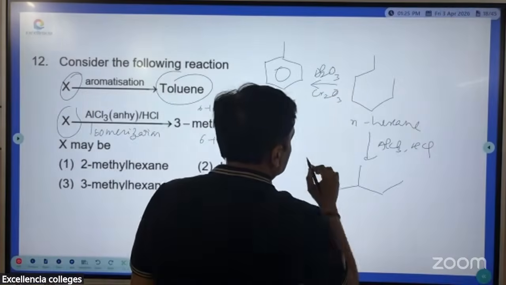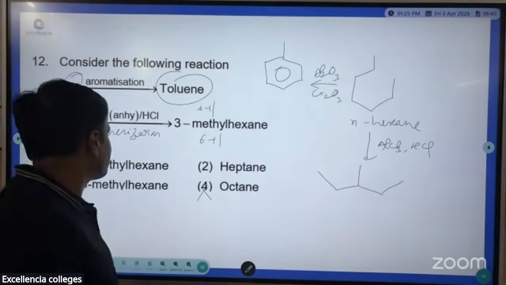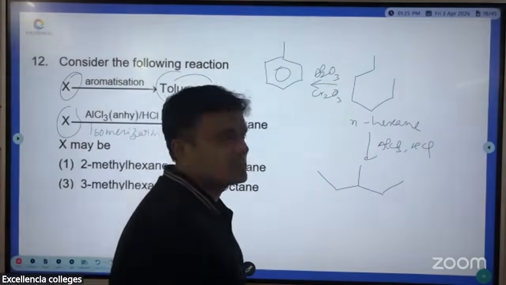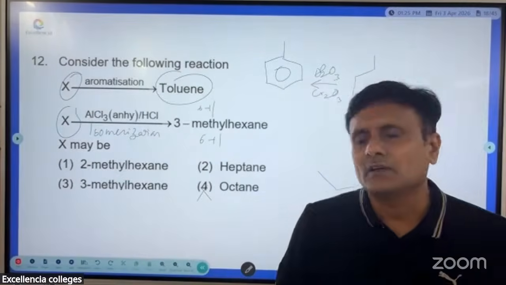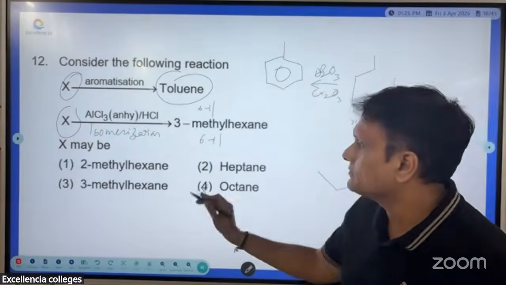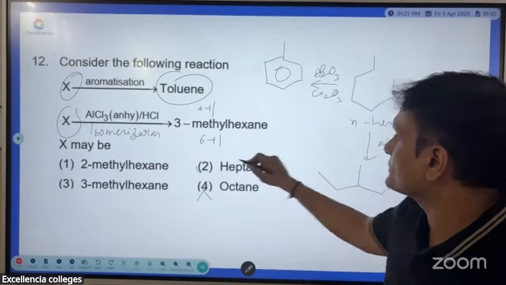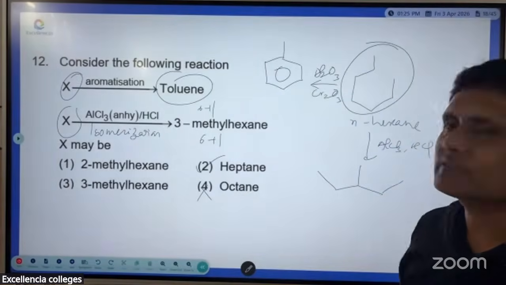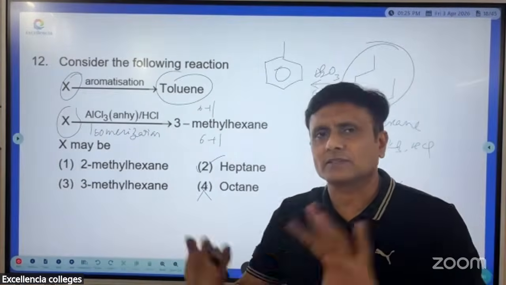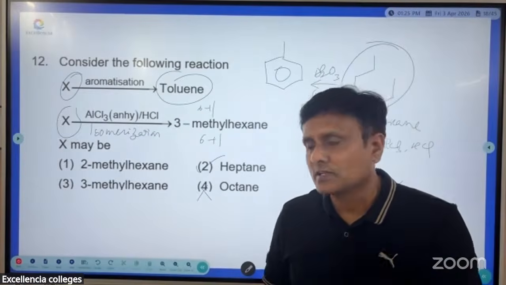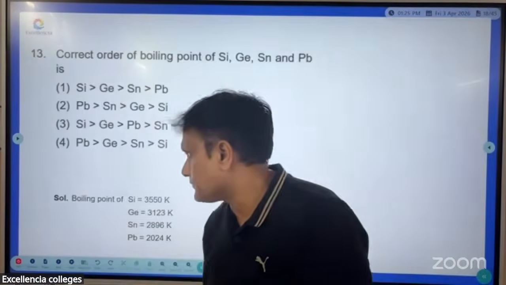Because anything is possible. Alright? So the starting compound is n-heptane. This is your starting compound which gives rise to 2-methyl or 3-methyl, because isomerization gives rise to both the chain isomers. So don't get confused.